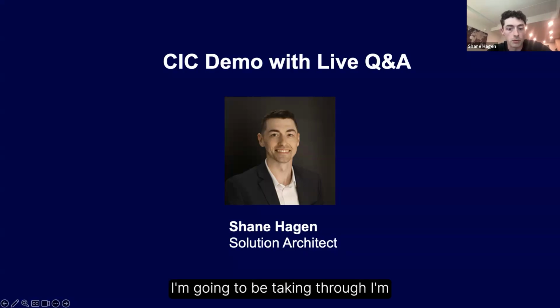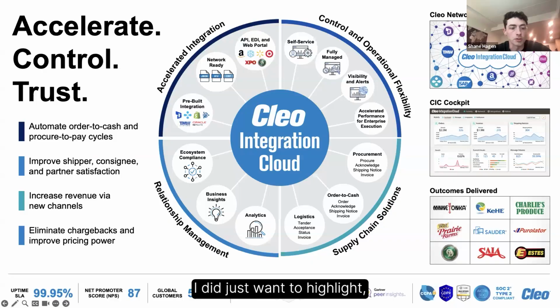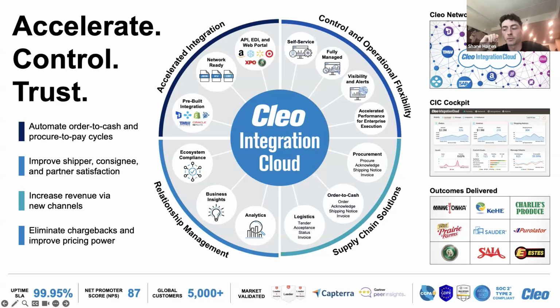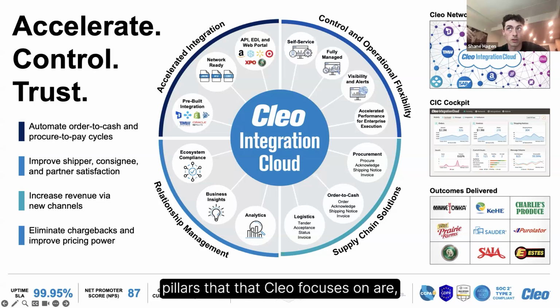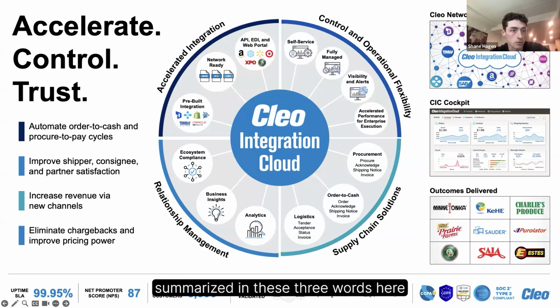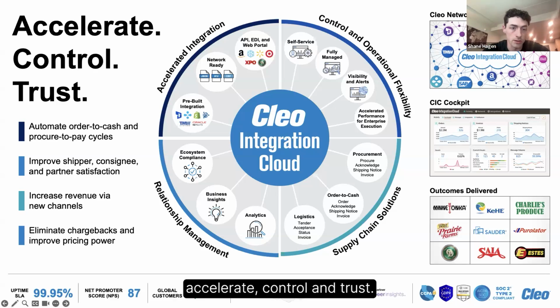So I'm going to be taking us through a demo of CIC specifically focused on our integrations with NetSuite. Before I do that, I did just want to highlight the overall Clio philosophy here. I'll take 30 seconds and run through this slide. The main pillars that Clio focuses on are summarized in these three words: accelerate, control, and trust.